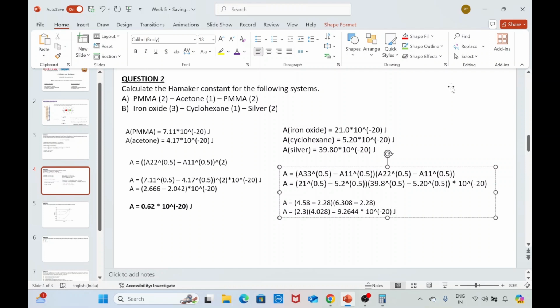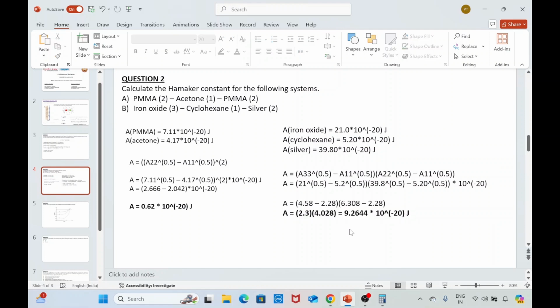So this is the value of Hamaker's constant for the iron oxide silver particle system that is separated by cyclohexane. I hope you also have got the same answer. If you have any other answers, please let me know so that we can verify and check, or otherwise we can progress to the next question.